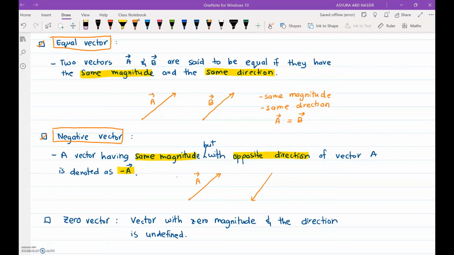Look at the arrow, which shows the direction. So we say that it is negative A. Remember, the negative sign shows the direction.